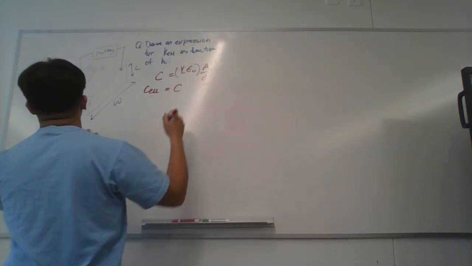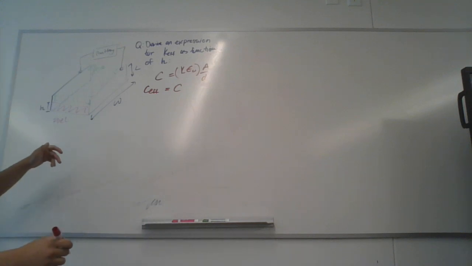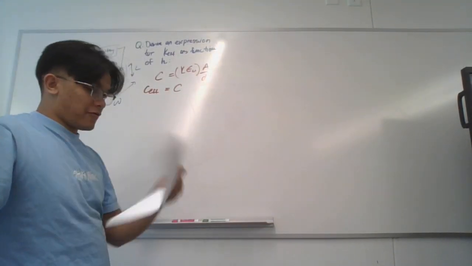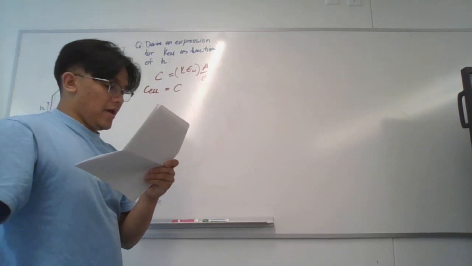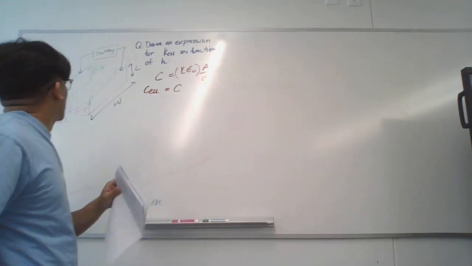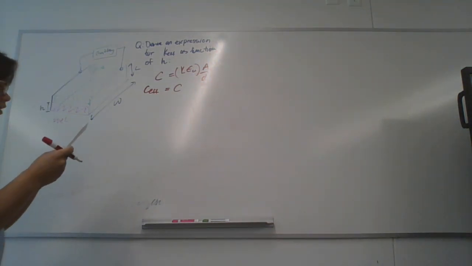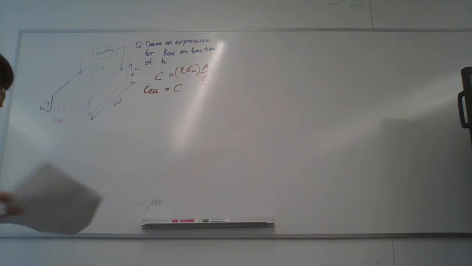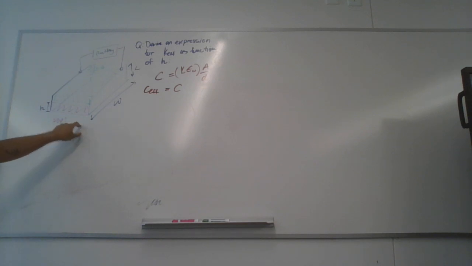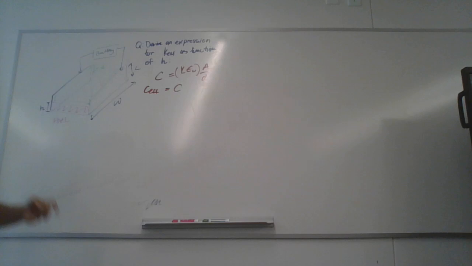So we can say that C equivalent, or we'll just call it C effective, is equal to C. From the directions, it changes from a value of 1 when the tank is empty to a value of K when the tank is full. But this one is neither empty nor full. There is a part where it has air in it, and a part where it has fuel.